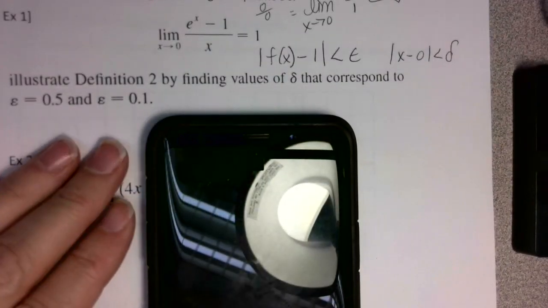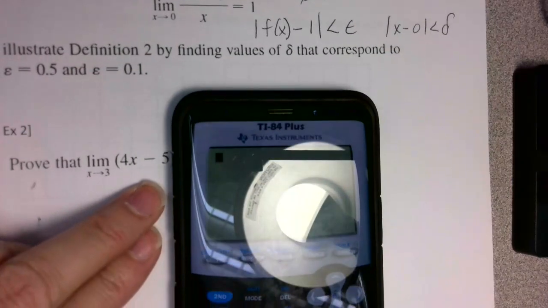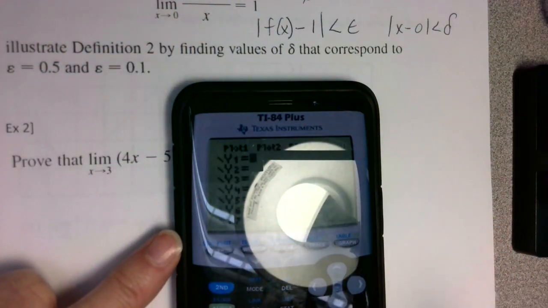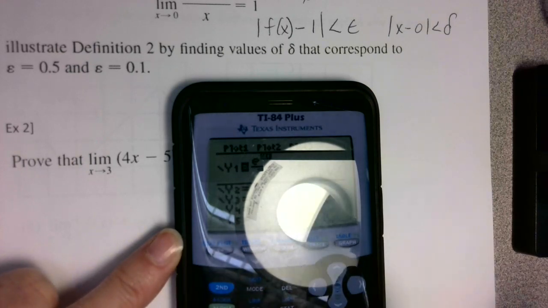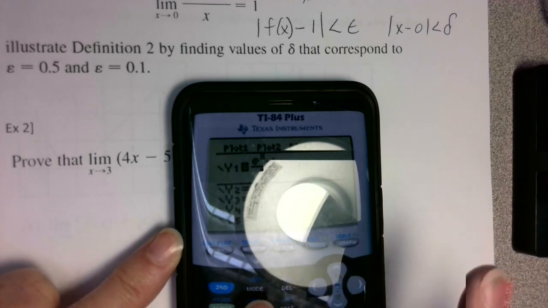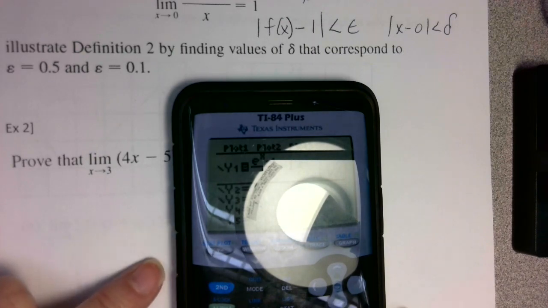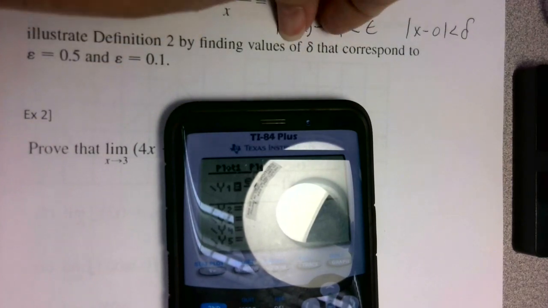That's the only way I can think of doing it. So let's put it into y equals that f of x minus 1. So fraction bar, e to the x minus 1 over x, minus 1. And so that's my function right here.